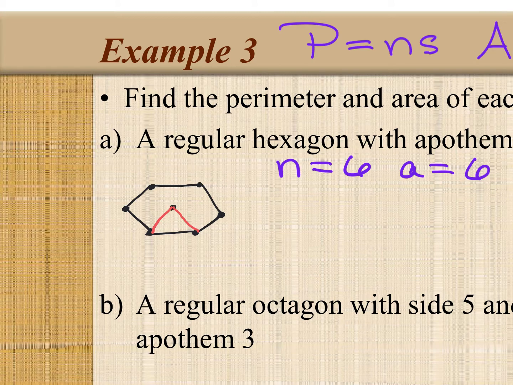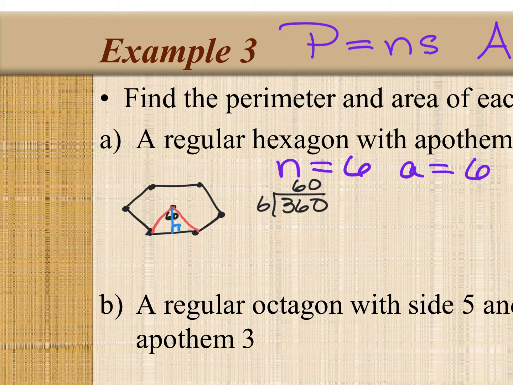The next thing I need to do is calculate my central angle measure. So remember, we take 360, divide it by the number of sides, and the central angle right here is going to be 60 degrees. I also need to draw in the apothem. Once I draw in the apothem, it's going to bisect that 60.